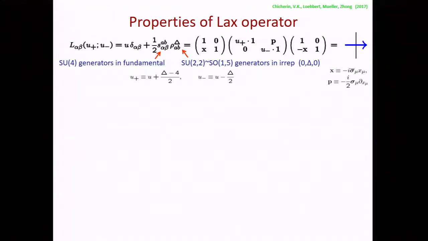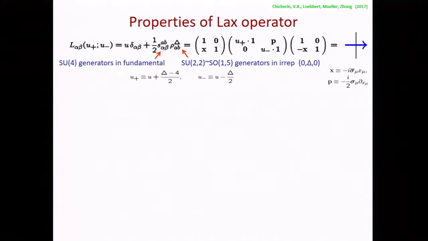We have the conformal representation with the labels 0, delta, 0. So in some sense you have 2 spectral parameters, U plus and U minus, although they are simply combinations with delta, since sometimes it's convenient to keep delta arbitrary, although our fields have dimension 1, they are scalars.